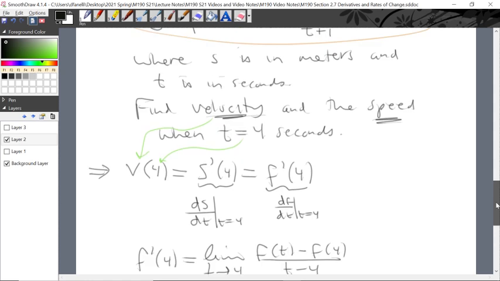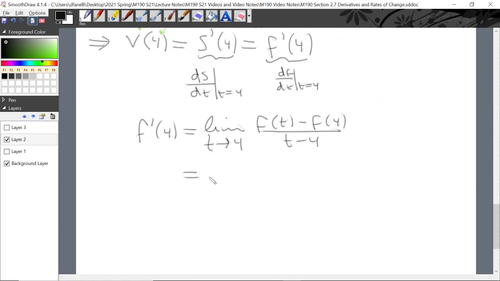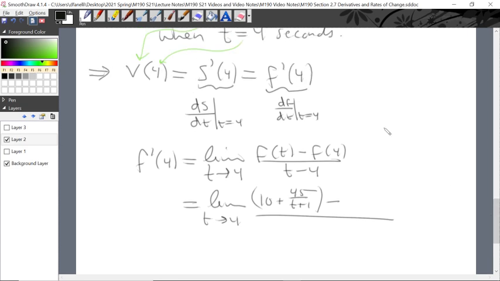Now what is f of t? 10 plus 45 over t plus 1. So we have the limit as t approaches 4 of 10 plus 45 over t plus 1, that's our f of t, minus f of 4. What's f of 4? f of 4 is 10 plus 45 over 5, which is 10 plus 9, so it's 19.